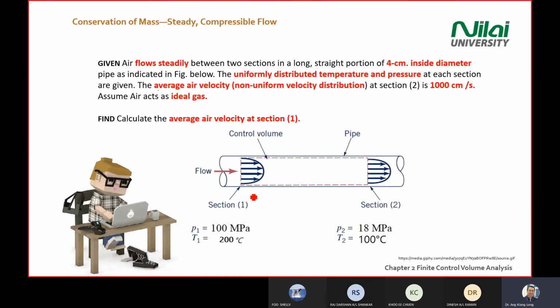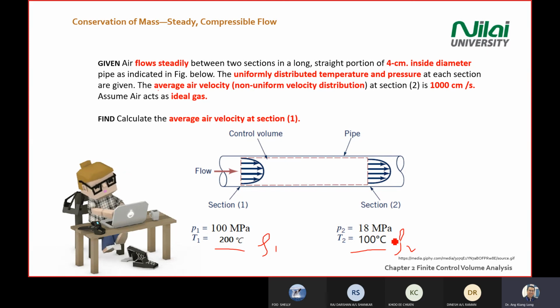As you know, when the temperature is different, your density is going to change. Temperature 1 will give you density rho 1. Temperature 2 will give you density 2. So in this case, you cannot cancel your rho here.